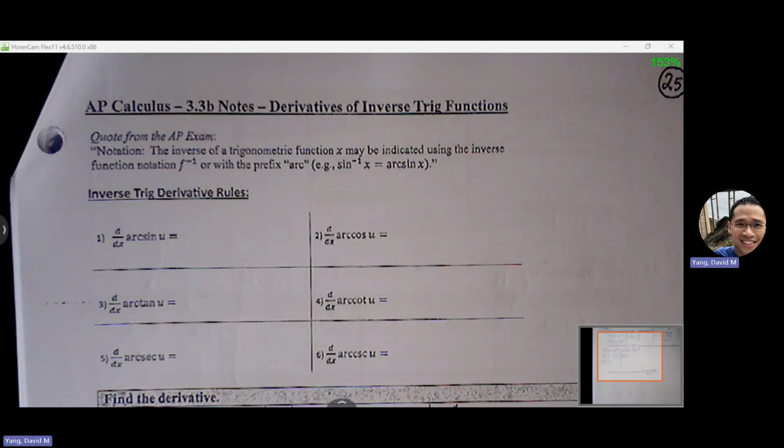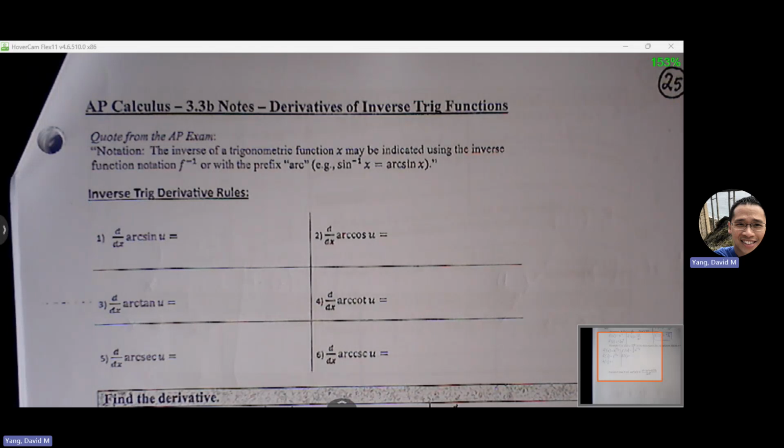I have your quizzes pretty much all graded. I just have to enter them in the grade book. I hope to give them back to you tomorrow. But we're pretty much done in terms of major topics, because what remains are just these derivative rules.